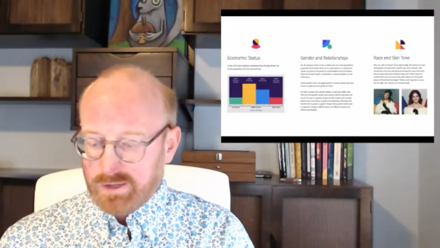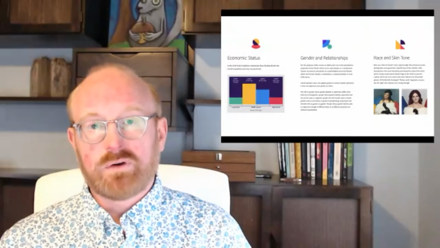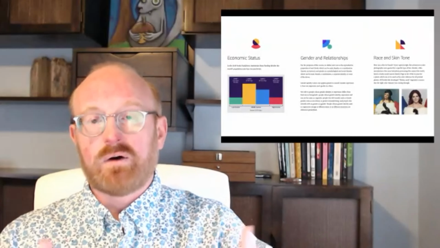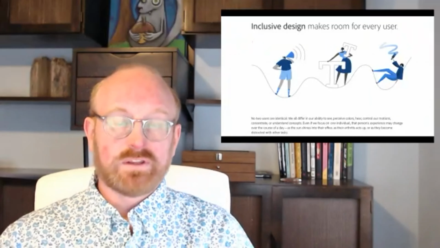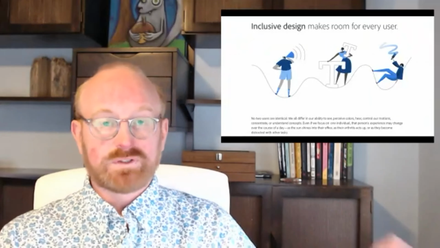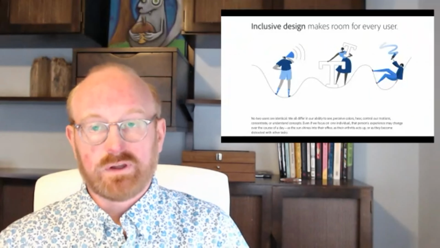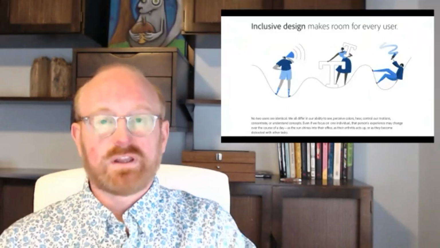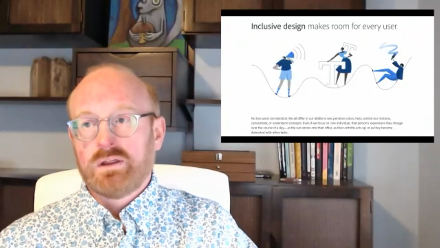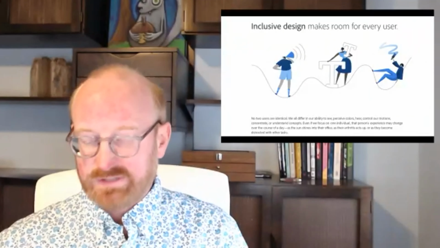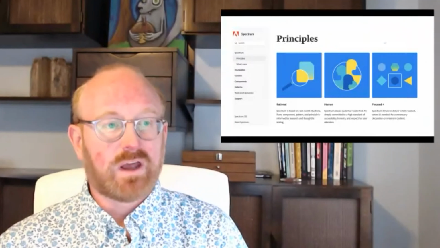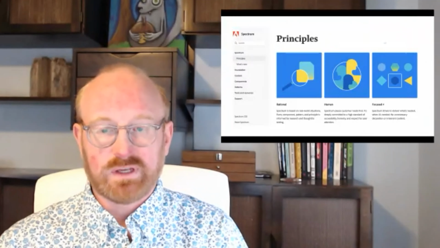And that has spread through the rest of the organization. So this has now spread into things like our Spectrum design language. The first principle of our design language is inclusive design. It was the first thing that we defined as being important for this, and that's evolved into this principle statement that we have on the Spectrum website that you can take a look at.